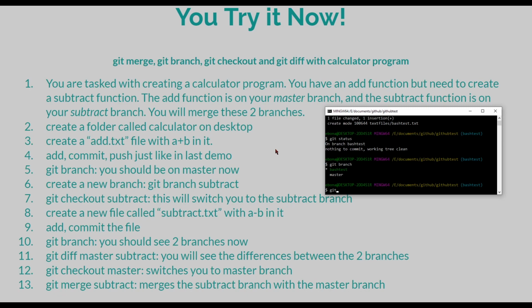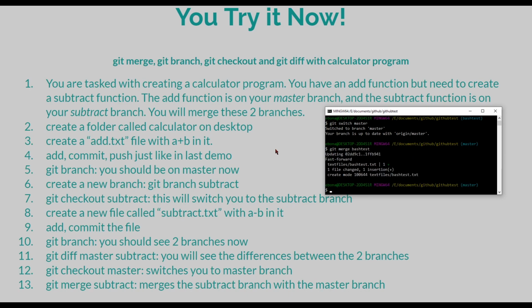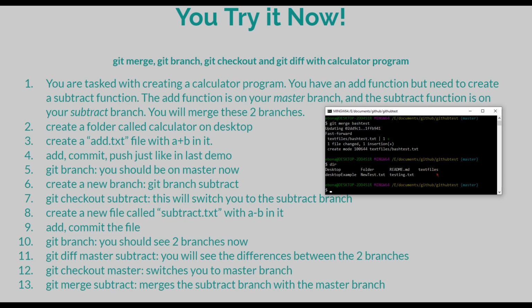Now we git switch back to master, then do git merge and name our other branch, bash test, and we should be able to merge the two branches. So we merged them, and it added the one folder, and we can check that we now have that folder in there.